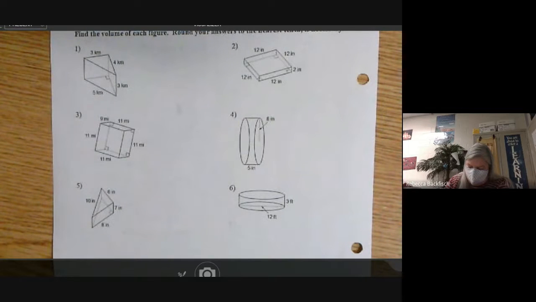You can round to the nearest tenth on the ones that you do in decimal form. I'll give you a couple more minutes.